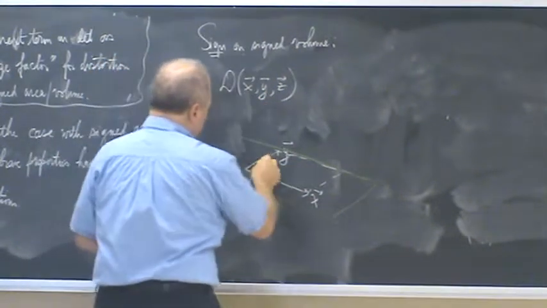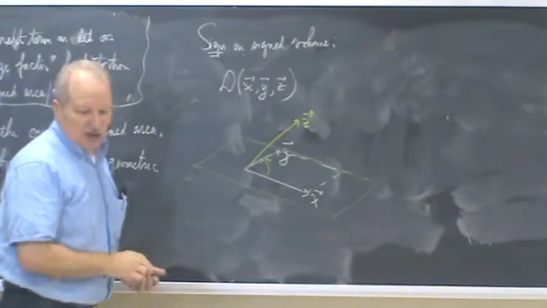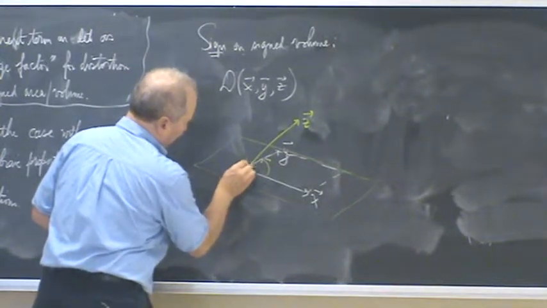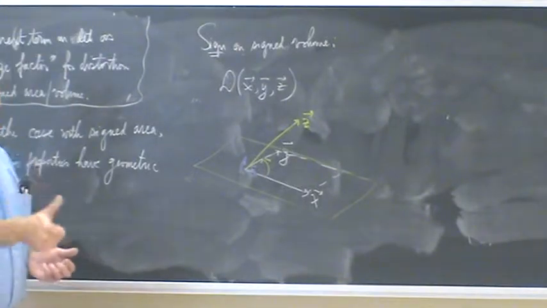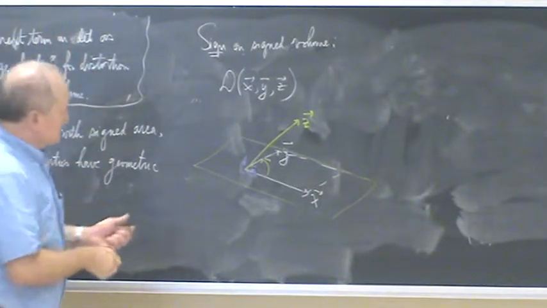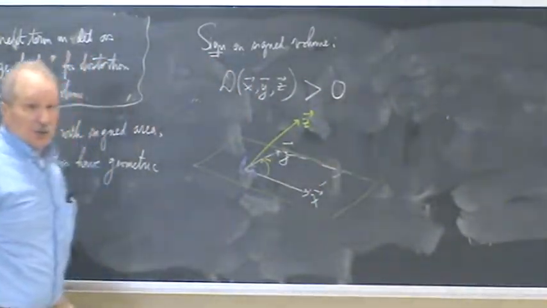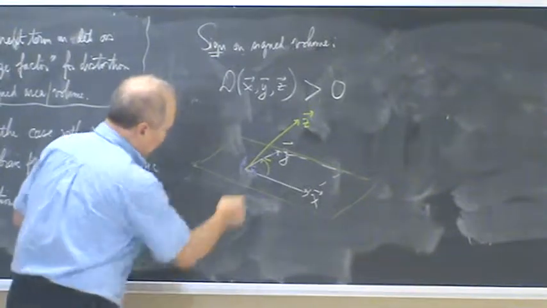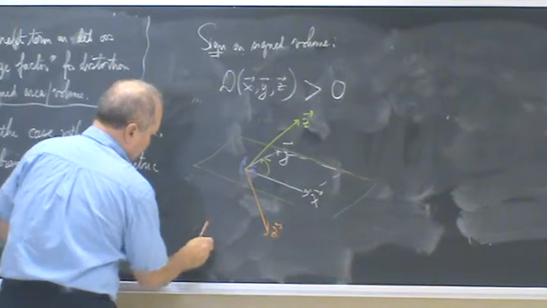If z is on that side of the plane that your thumb is pointing, so a good artist here could draw me a hand and a thumb pointing up. I'm not a good artist. If the z is pointing in the same direction as the thumb, then the signed volume of the parallelepiped will be positive. If the z is pointing down on the wrong side from the thumb, then the signed volume is going to be negative.